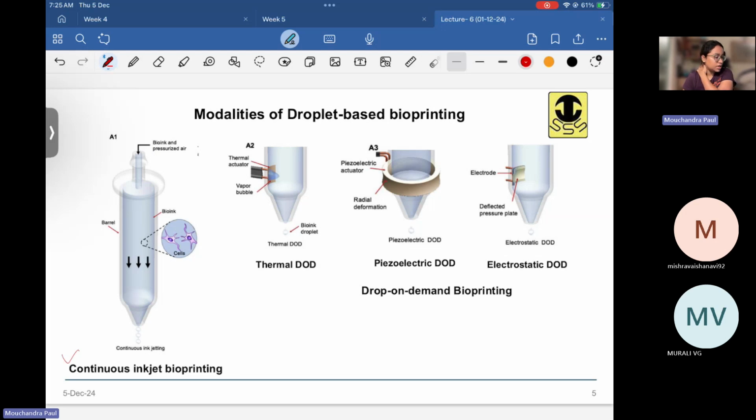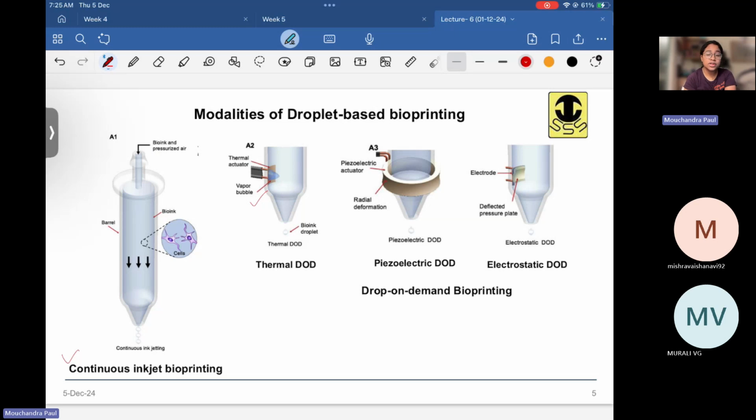We saw in thermal actuators that there is a heating coil that gets heated when you apply electric current, and it heats up to a very high temperature, like 200 or 300 degrees Celsius, at a local area in the fluid chamber, which creates a bubble like this. So when this bubble becomes large enough, it collapses and creates a pressure pulse. And that pressure pulse is enough for the bioink to overcome the surface tension at the tip of the nozzle, and thus a droplet is generated.